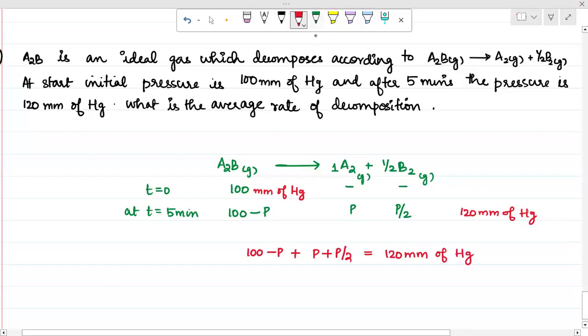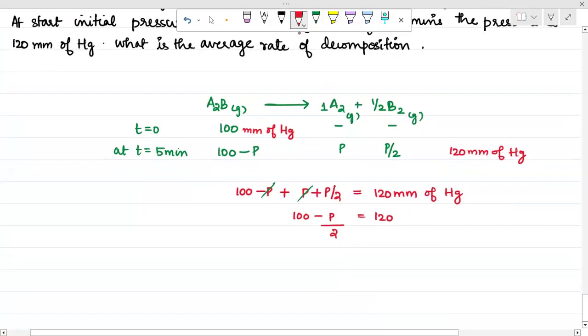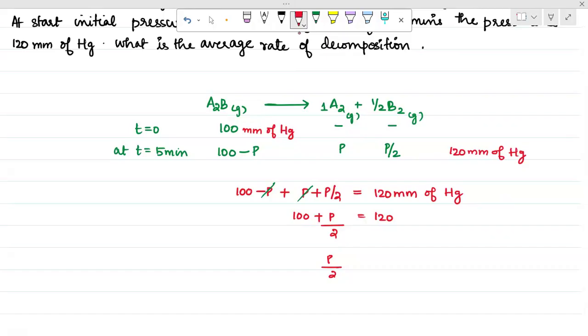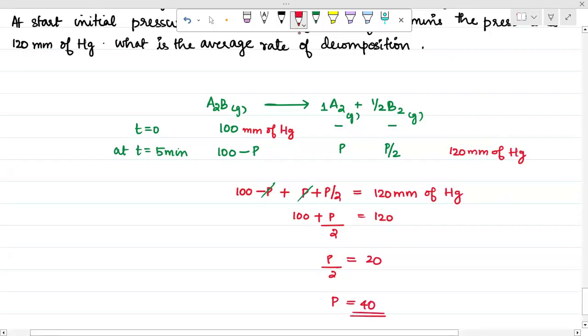So if I rearrange, P gets cancelled. 100 plus P by 2, sorry, it's 100 plus P by 2 is equal to 120. If I take 100 to the other side, P by 2 is equal to 120 minus 100, which is 20. And P is equal to 40. What is the unit? 40 mm of Hg.